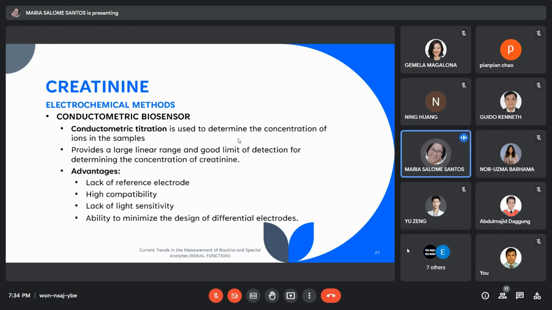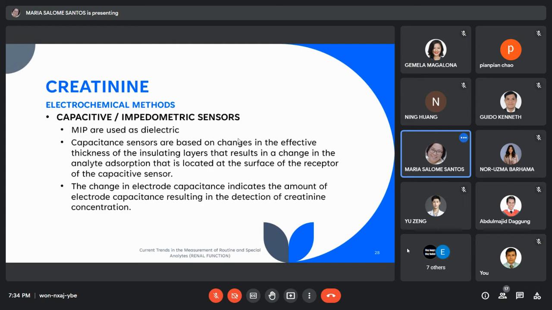So conductometric titration is used to determine the concentration of the ions in the sample. So it provides a large linear range and good limit of detection for determining the concentration of creatinine. For the advantages, lack of reference electrode, high compatibility, lack of light sensitivity, and ability to minimize the design of differential electrodes.